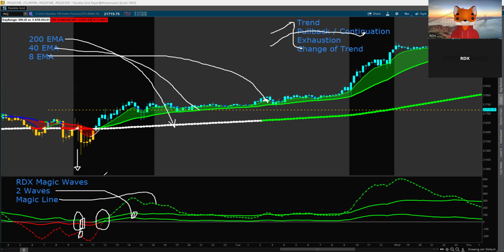It did not last for too long, which is fine by me, because you never know how long a trend can prevail. And then once that finished, I had a new trend, which is a bullish trend. So the bearish trend ended here, and a new trend started from here, which is denoted by those two waves and the magic line going green.